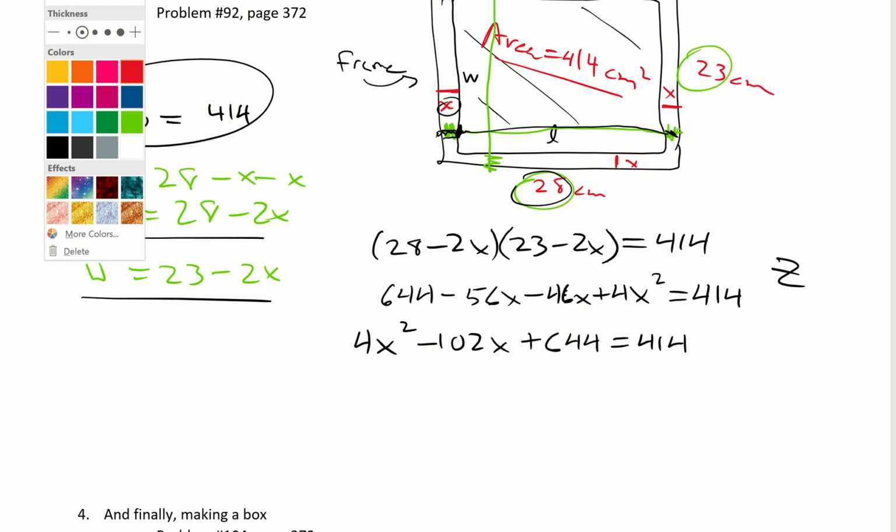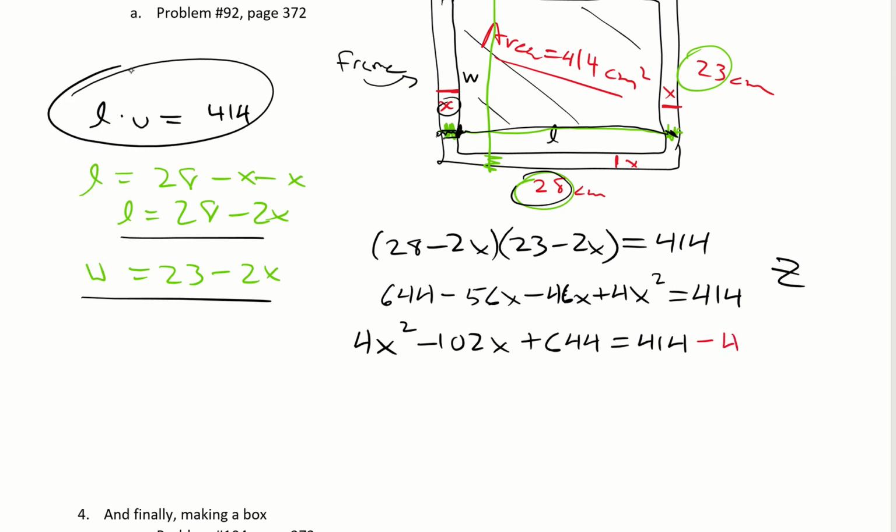Next step, get 0. So subtract 414 from both sides. And get 4x squared minus 102x plus, then this one turns out to be 230, is 0.